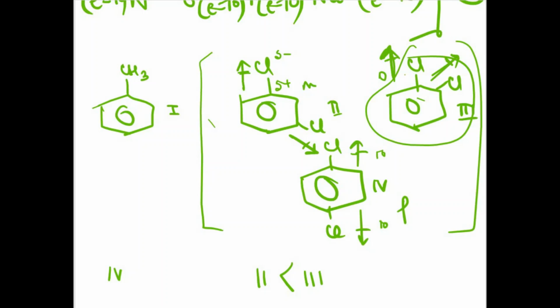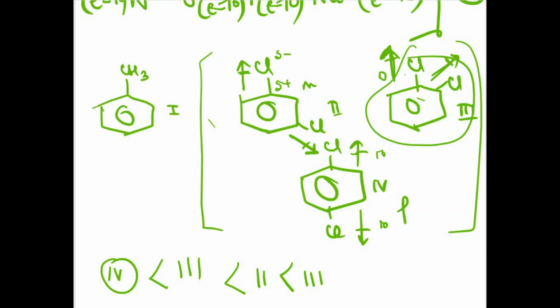Correct. Now you have options B and C in your hand, because option A gets cancelled because the last option is not 4. So the thing is, where should toluene be? Toluene should be just next to or just before the para-dichlorobenzene. Why? Because in the para one, the dipole moments are getting completely cancelled, right?